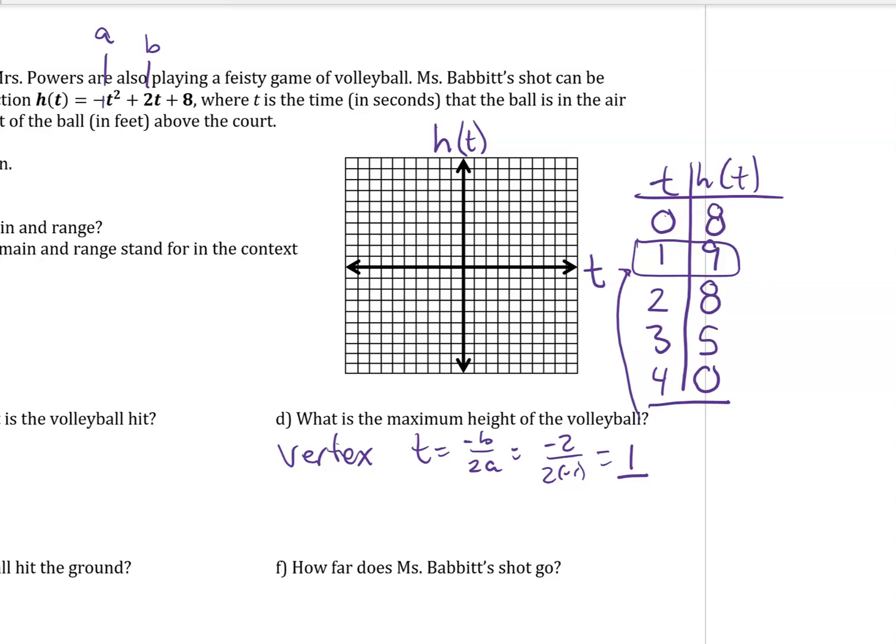So we'll go ahead and plot this. At 0, we have 8. 1, 2, 3, 4, 5, 6, 7, 8. At 1, we have 9. At 2, we have 8 again. At 3, we have 1, 2, 3, 4, 5. And at 4, we have 0. So here is our real world portion of the path.